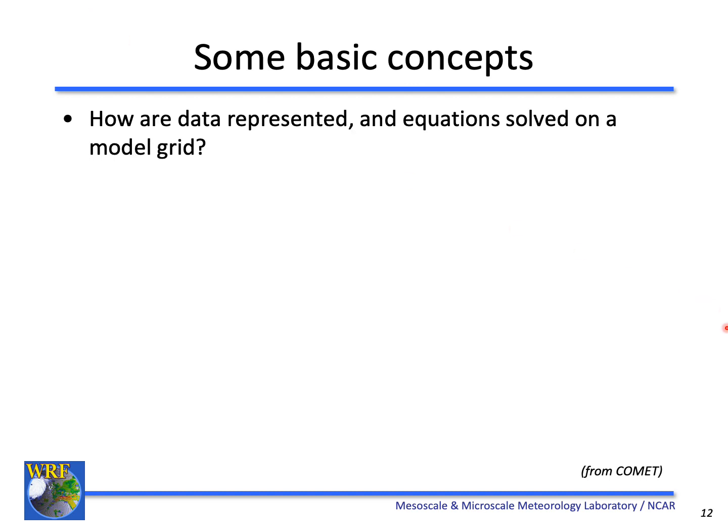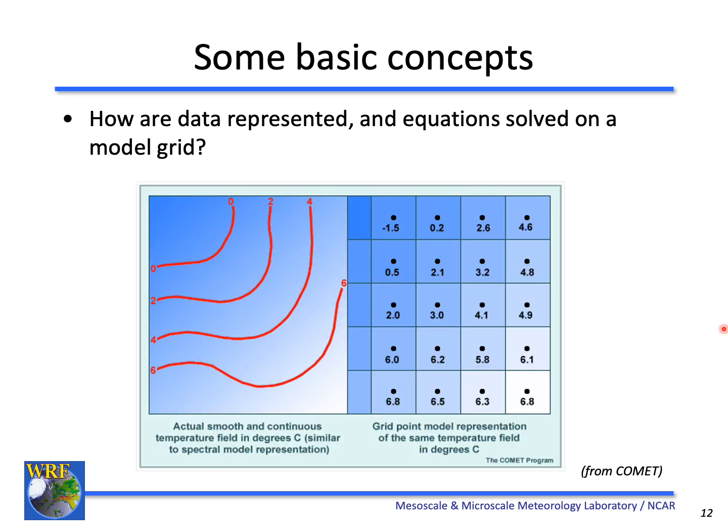Now we have some idea on how a numerical model gets its solution. We may ask how the atmospheric data is represented in the model. Here on the left, the red contours show temperature one could draw on a surface map, which looks smooth and continuous.